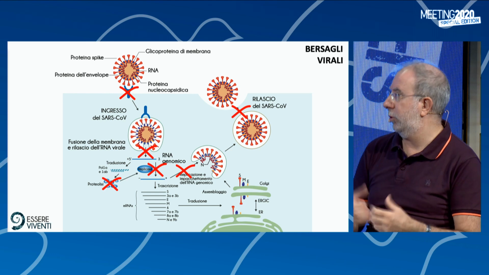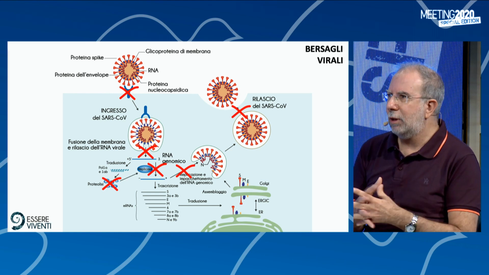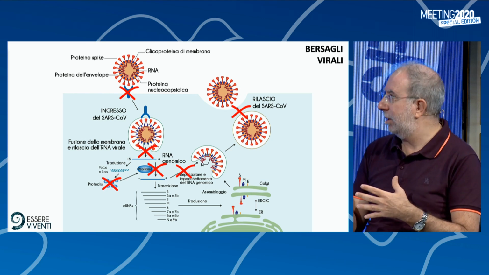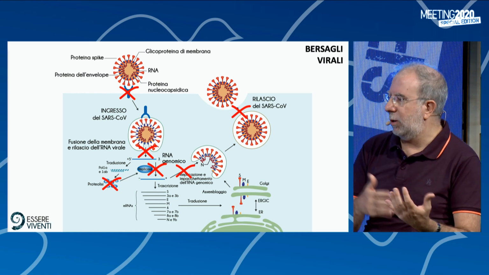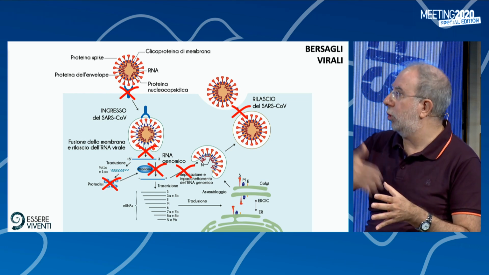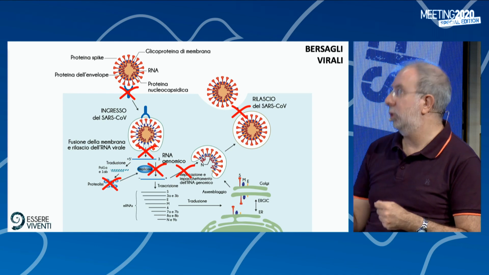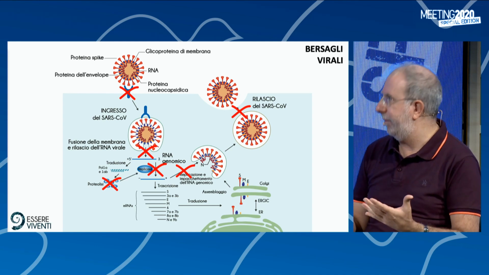Today, research is trying to identify some selective drugs against COVID. The drug which is used today was discovered for Ebola, but is also working on the polymerase of the coronavirus.